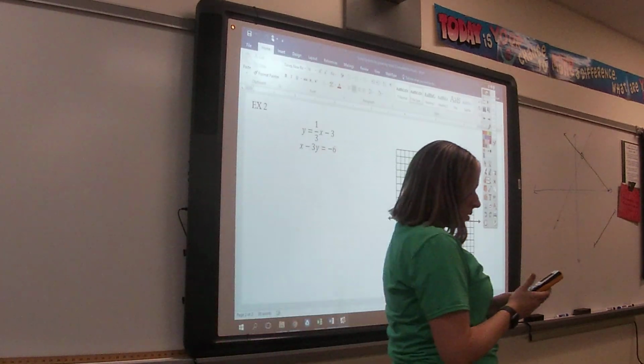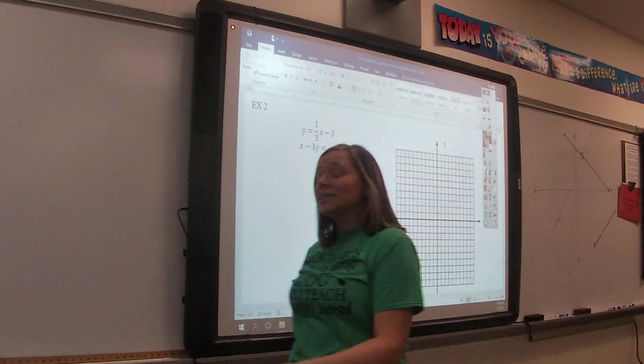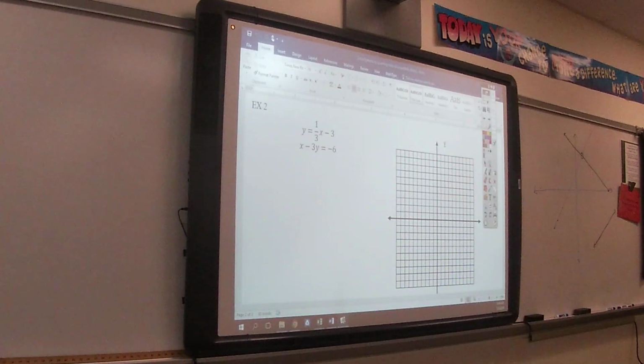Then we're going to go down to the next line. How am I going to enter this next equation? We're going to have to solve this one for y. Is our calculator going to do that for us? No. You're going to have to pick up your pencil and solve this for y, because the calculator is great, but the calculator still requires the user to have a brain.